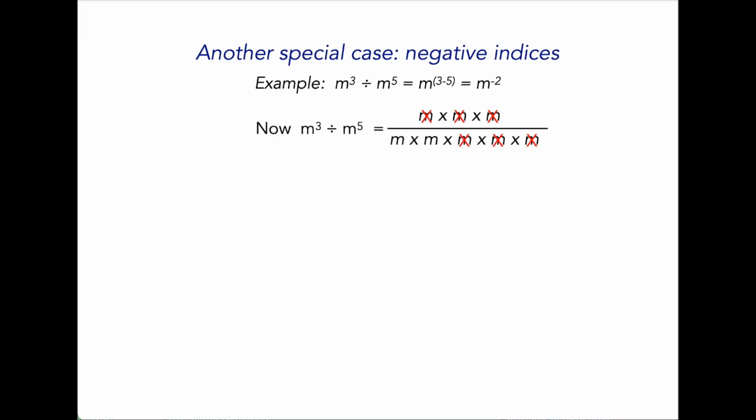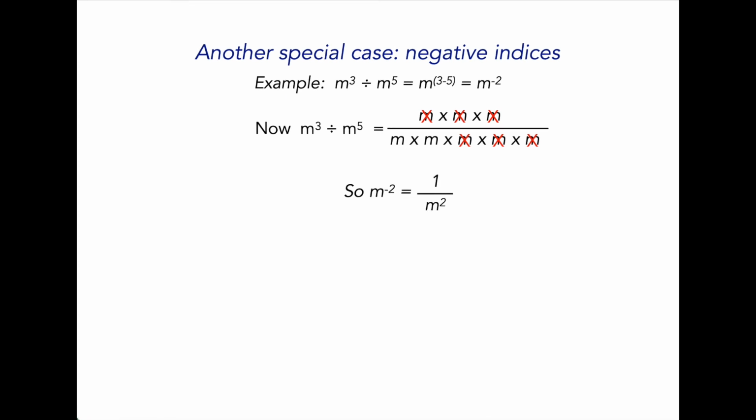Now, we also know that we can expand this expression as shown, m times m times m divided by m times m times m times m times m, and that we can then cancel out m cubed, or m times m times m, from the top and bottom lines. And that gives us 1 over m squared. So m to the power of negative 2 equals 1 divided by m squared.